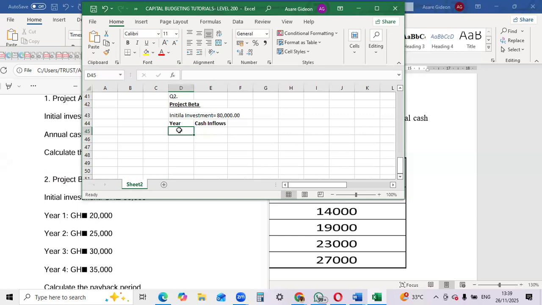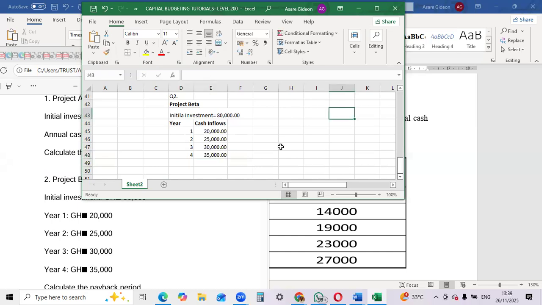So year one, year two, year three, year four. Right. So year one is 20,000 Ghana cedis. Year two is 25,000 Ghana cedis. Year three is 30,000 Ghana cedis. And then year four is 35,000 Ghana cedis.